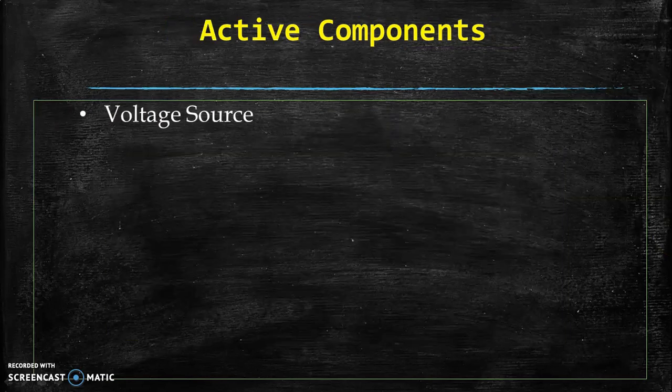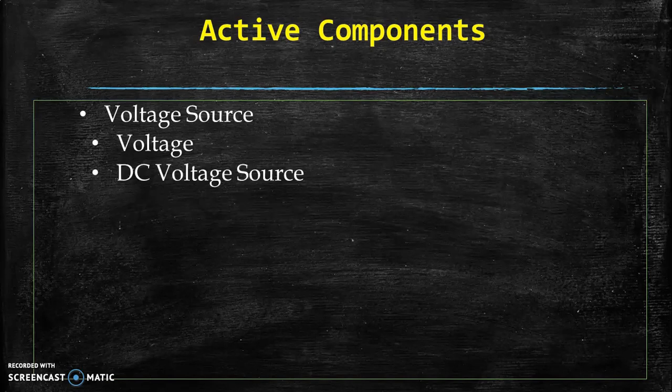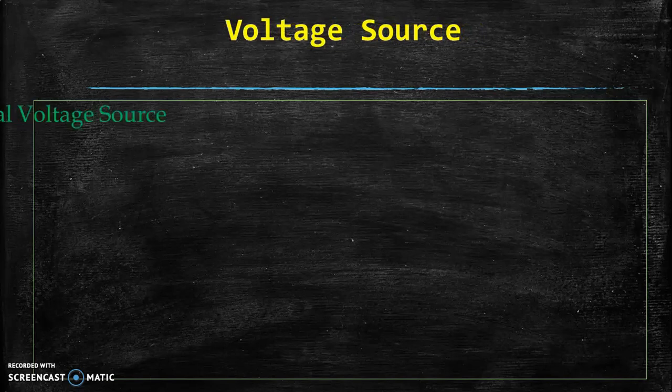Now let us start with voltage source. Voltage source normally supplies voltage. We have DC voltage source as well as AC voltage source. First, let us see ideal voltage source. We have different symbols and we'll study the characteristic of the ideal voltage source.